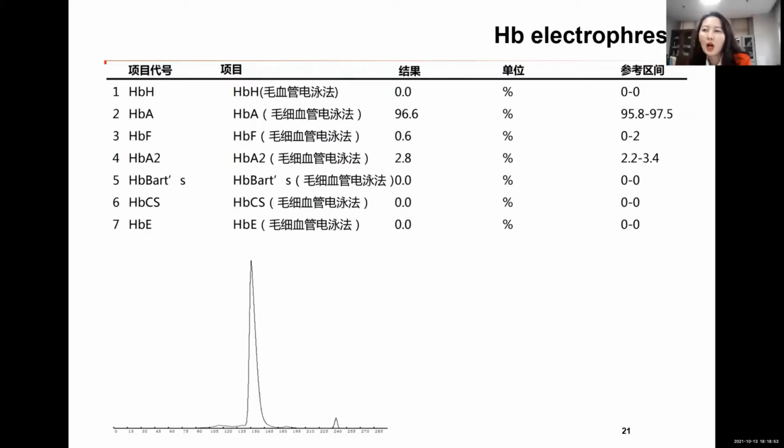On the basis of all of this data, especially the positive osmotic fragility test, negative direct antiglobulin test, and hemoglobin electrophoresis, the diagnosis of hereditary spherocytosis was confirmed.